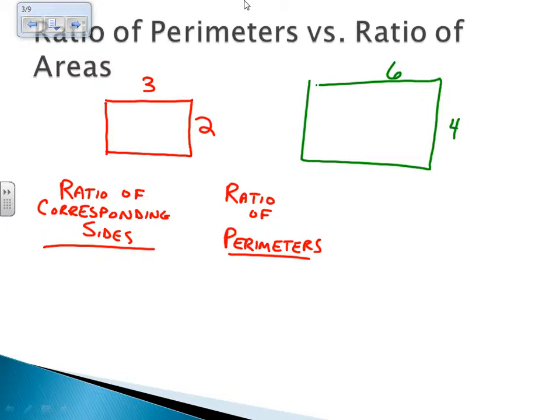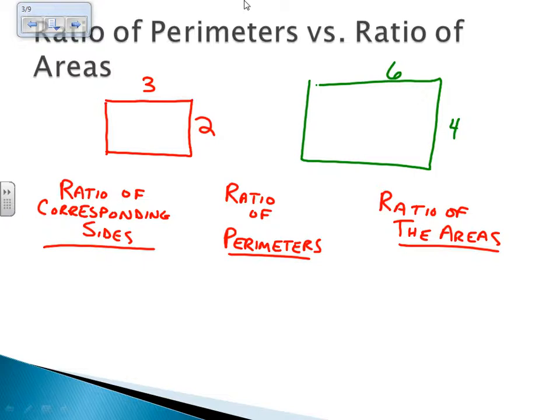And the last one is the ratio of the areas. So the ratio of the corresponding sides, the ratio of the perimeters, and then the ratio of the areas.